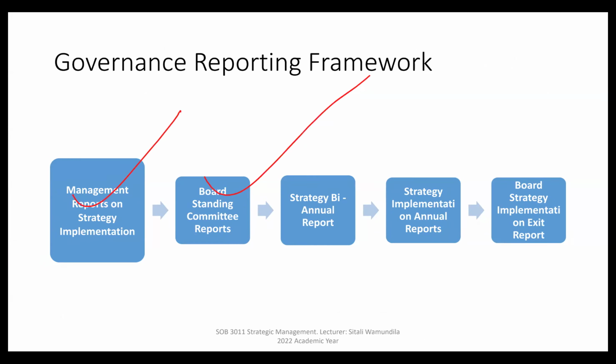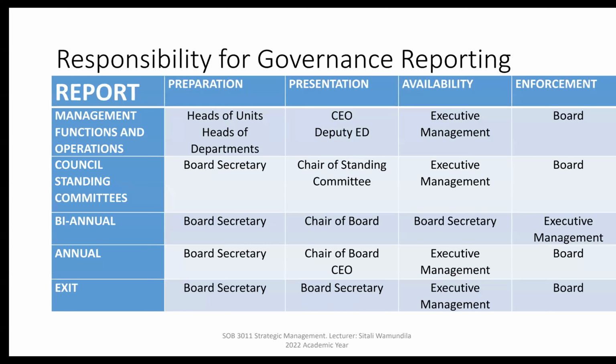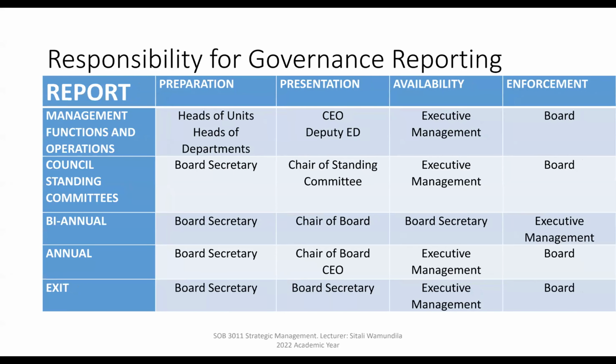The committee will report, and the strategy biannual report will come. Then it will be followed by the strategy implementation annual report. Then there will be the board strategy implementation exit report as well. So all these reports are needed, and usually they are reported by different units.